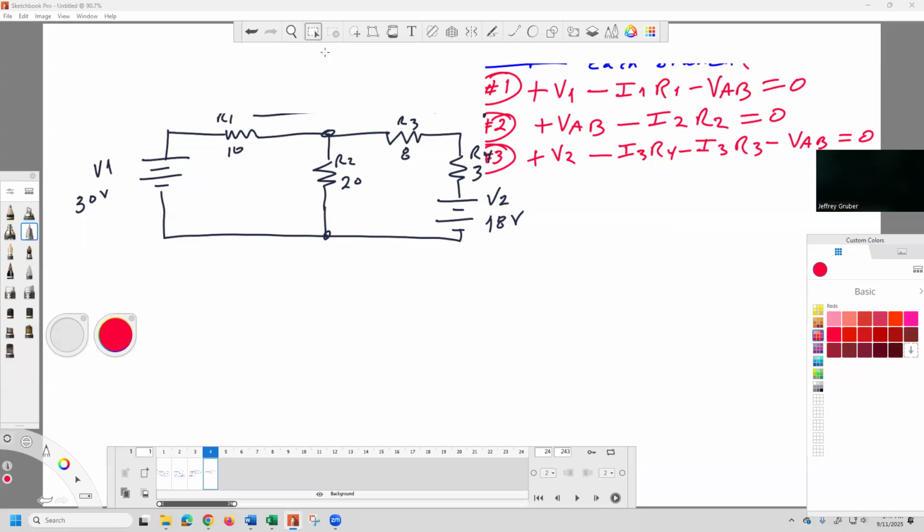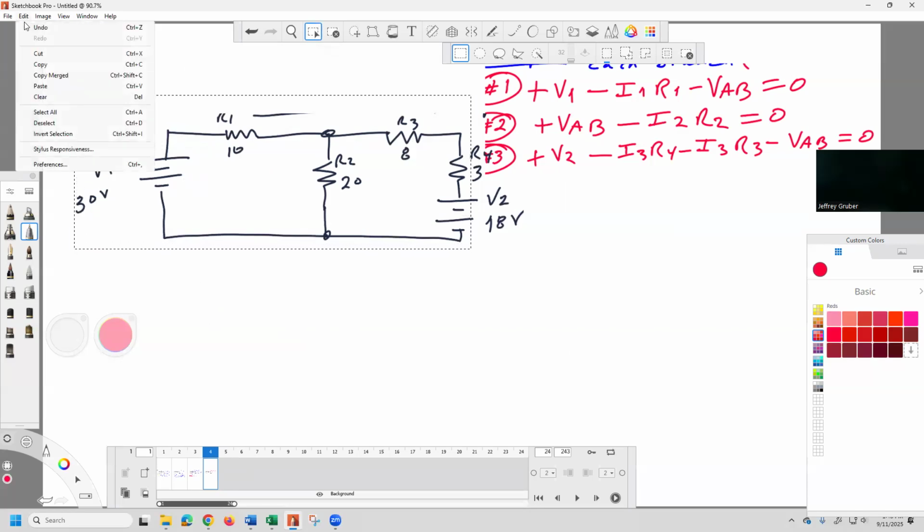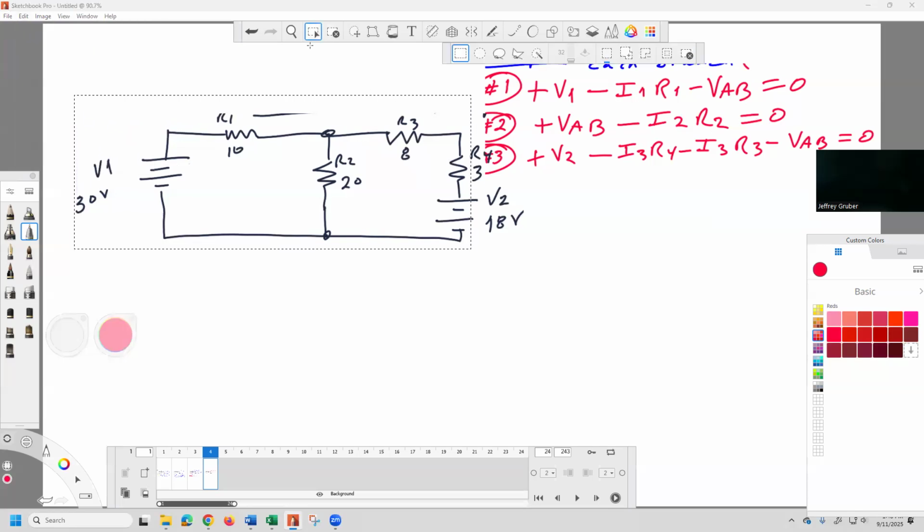There. Now let's see if I can erase it. Maybe. Can I erase it at least? No, I can't. All right, well, let's just continue on. I'll waste so much time on this.